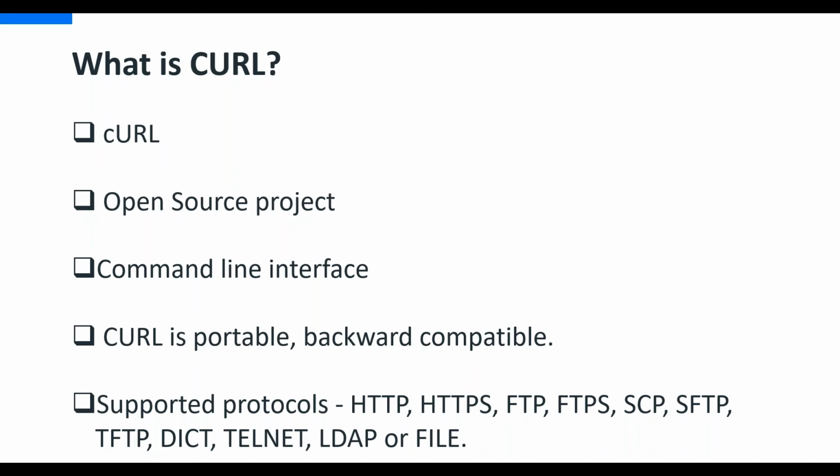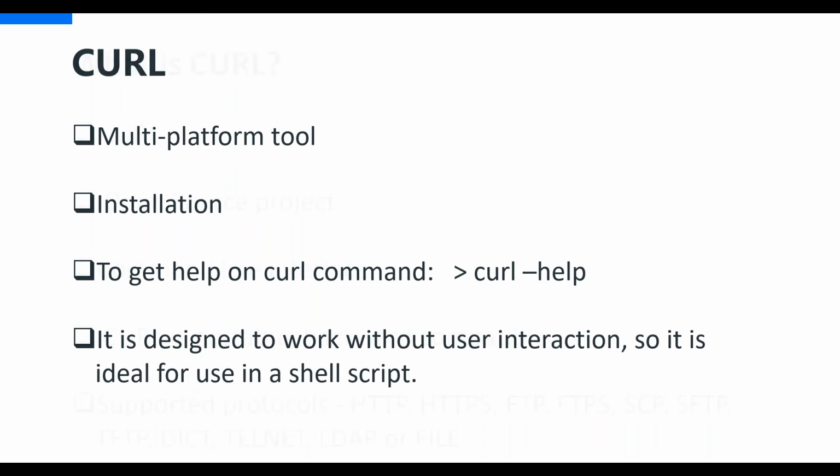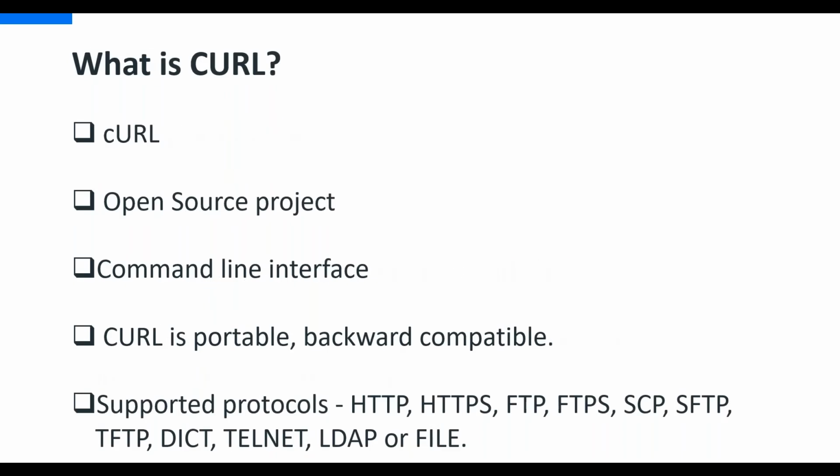And that's a great thing especially for developers, that they don't have to worry about whether their existing code will work with the latest curl version. Also, it supports all the standard and most popular protocols like HTTP, HTTPS, FTP, Telnet, LDAP, all these things.